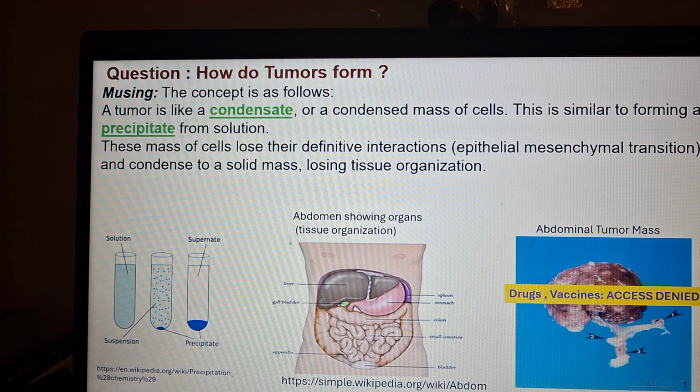This loss of definitive interactions is what scientists technically term epithelial to mesenchymal transition. Briefly, I will say epithelial cells are these very specific cells which have polarity.